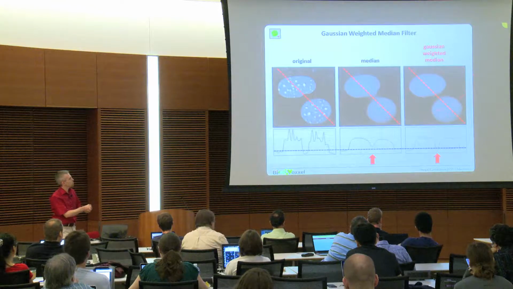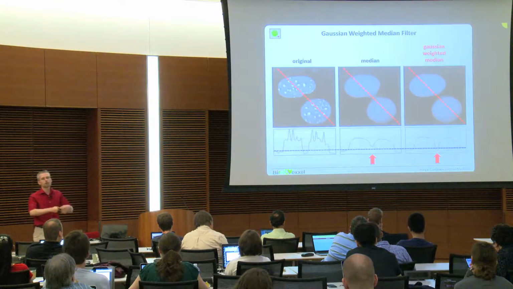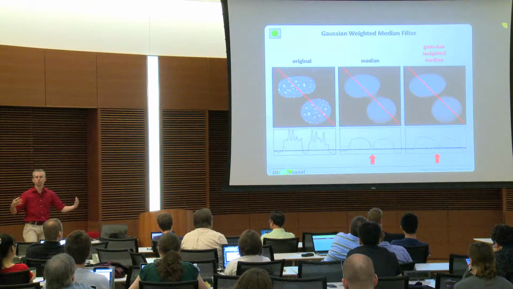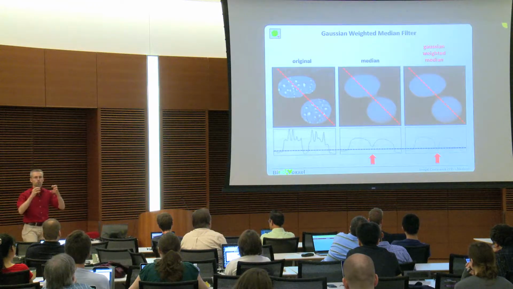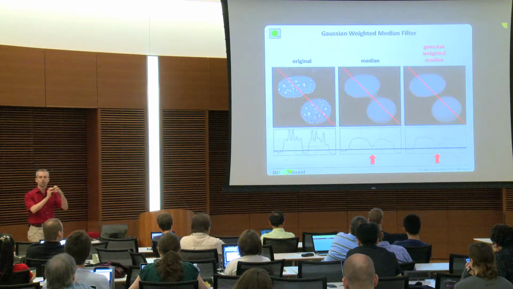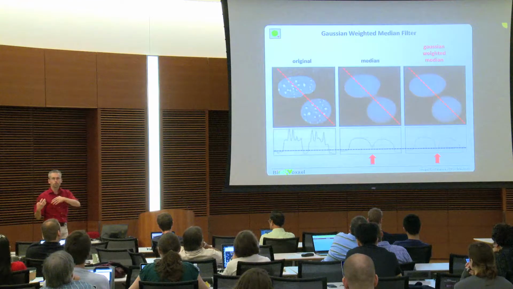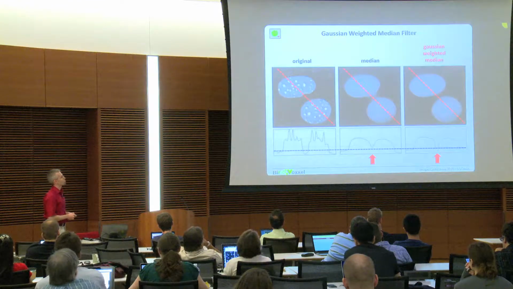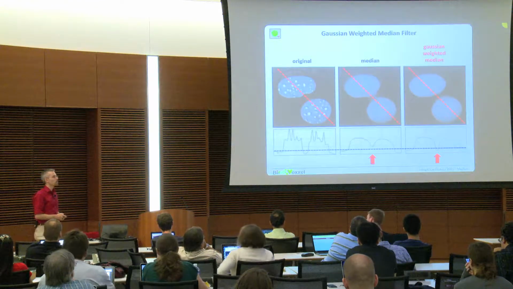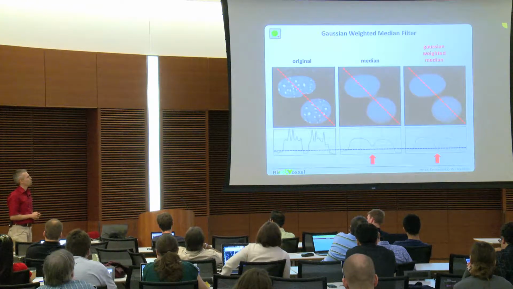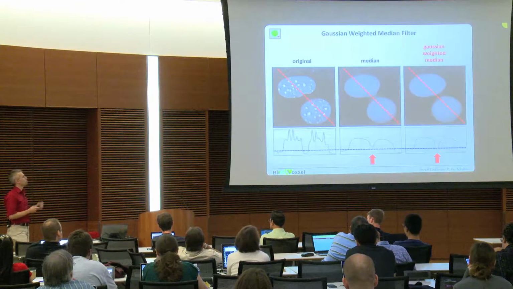So in this case, if you see already I need a high filter radius for a median filter, and you see that your objects which are close together get connected, it might be an option to switch to the Gaussian weighted median, but that includes a little bit longer waiting time for the processing. If you want to, you can test that.